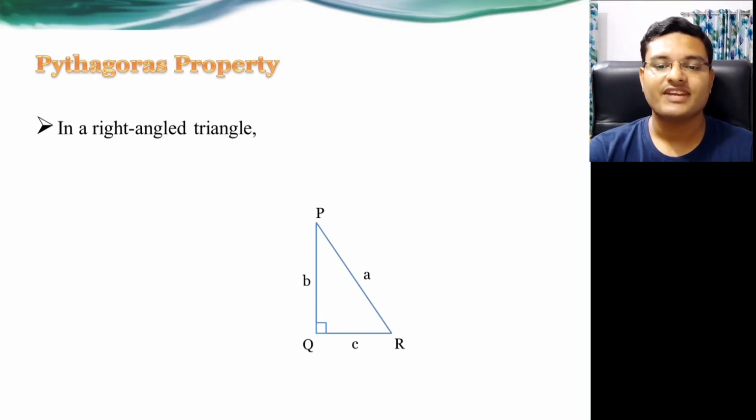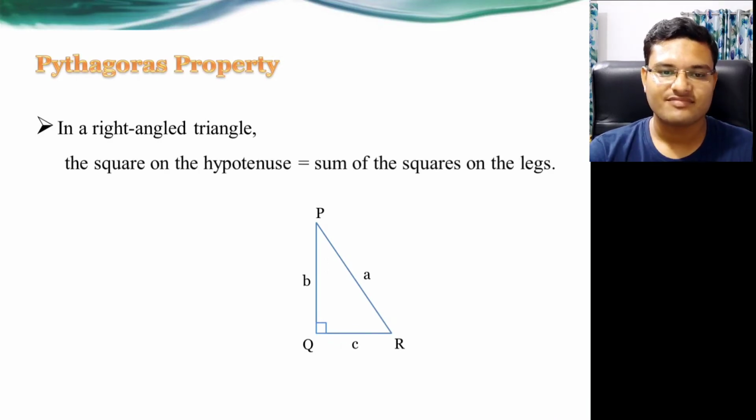Also, we can see that the line segment PR, which is the hypotenuse of triangle PQR, is of length A units. The square on the hypotenuse is equal to the sum of the squares on the legs. That is, A square is equal to B square plus C square.